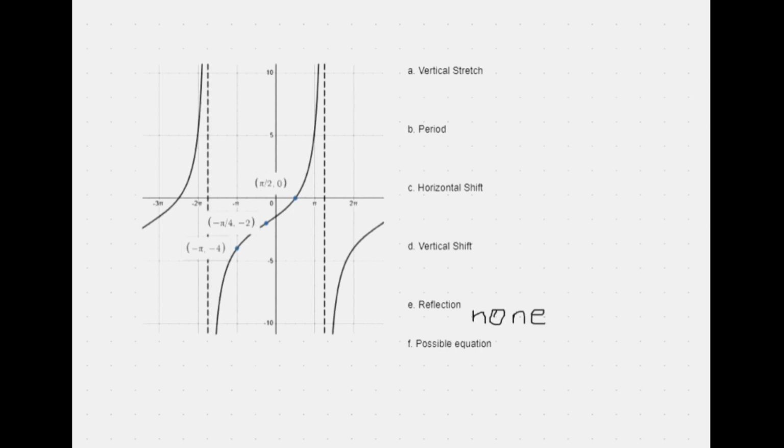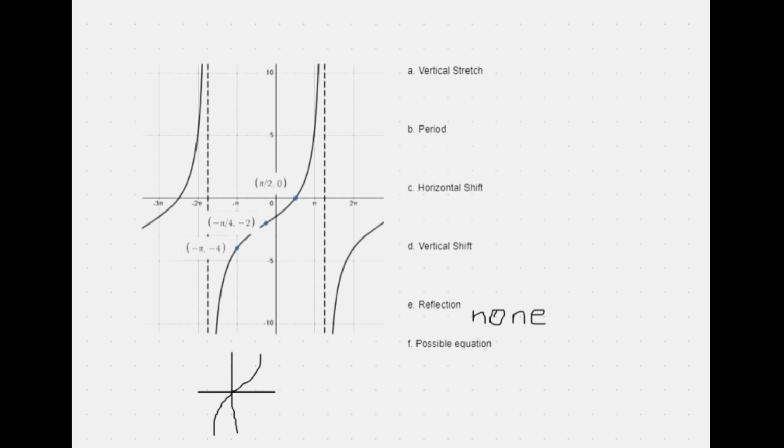All right. Now, another aspect to consider is the vertical shift. Can we determine what the vertical shift is? Well, if we consider the parent tangent graph, it looks something like this, and it intersects the x-axis at the origin.